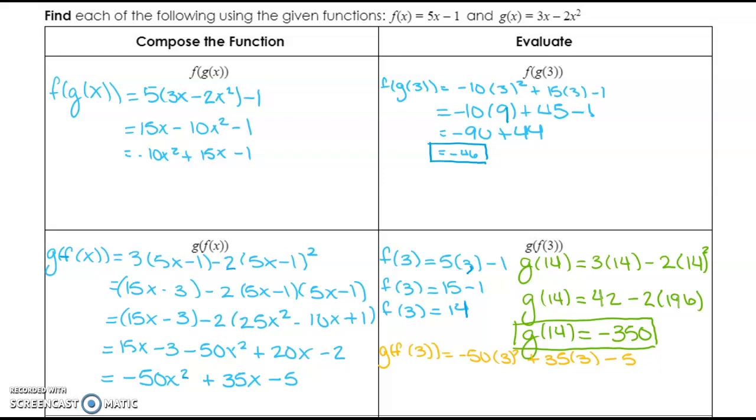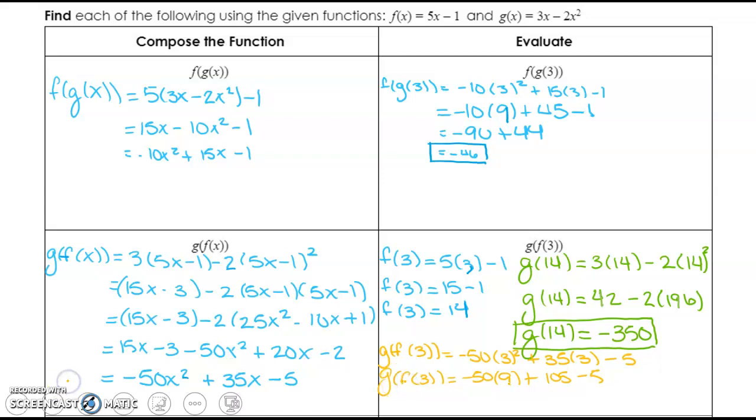So directly inputting in 3 into that function, we will get negative 50 times 3 squared plus 35 times 3 minus 5. And then if we were to simplify this a little bit further, let's do 3 squared first. And we'd get negative 50 times 9 plus 105 minus 5.